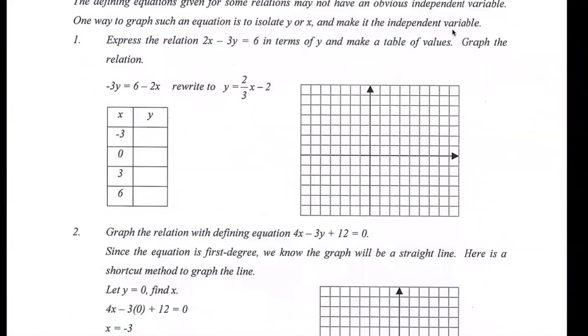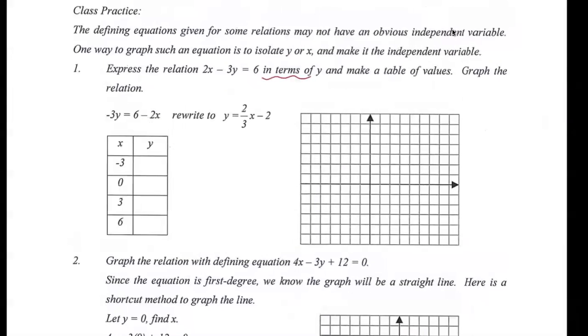Express the relation 2x minus 3y is equal to 6 in terms of y, which means we need to solve for y and represent the equation in terms of y, which means we need to change this equation to the form y is equal to something, solve for y, and make a table of values, graph the relation.